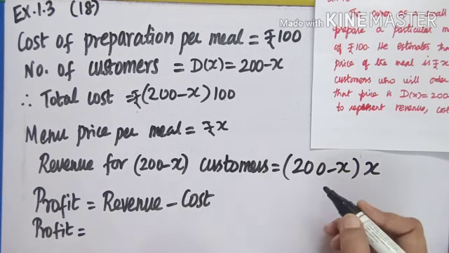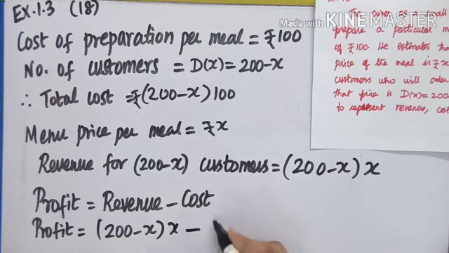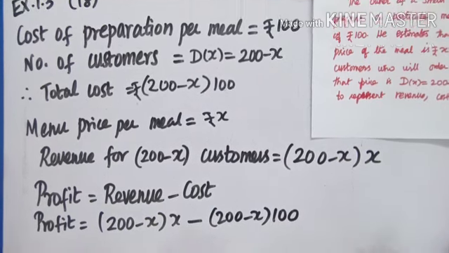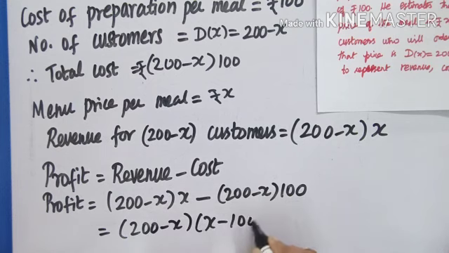So profit is revenue minus cost: 200 minus X into X minus 200 minus X into 100. In both the cases, 200 minus X is common. If I take it out, X minus 100, and this we call the profit function.